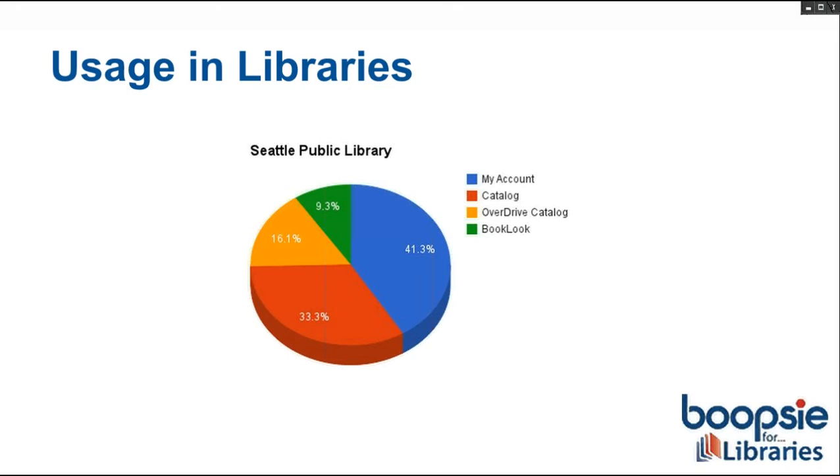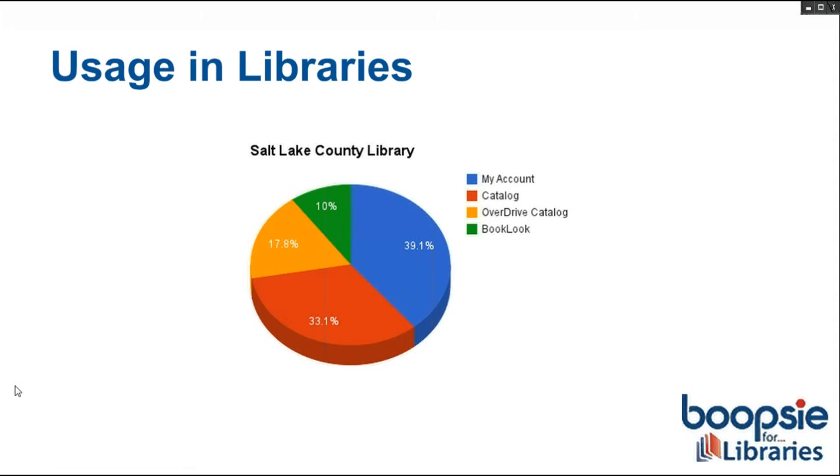This chart shows the top 4 most used channels in the Seattle app. Not surprisingly, the top 3 in most mobile apps are usually My Account, the General Catalog, and the Overdrive Catalog. But BookLook was the 4th most used channel in this particular app. About 9% of their users in 2013 accessed BookLook.